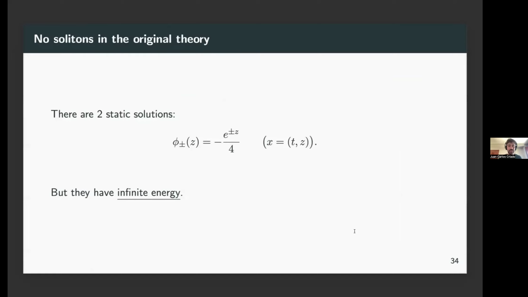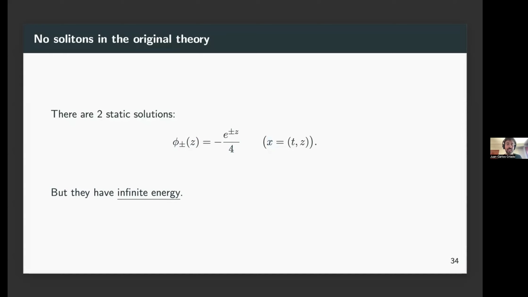In the original theory, we don't have any solitons. We have two static solutions, which are exponentials to one side and to the other. Here z is just the space component of x, and there's no time dependence on these solutions because they are static.